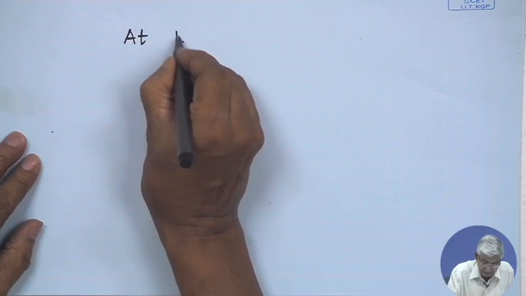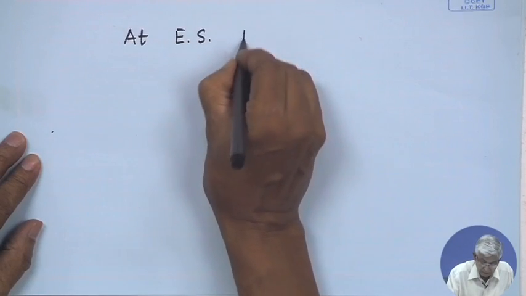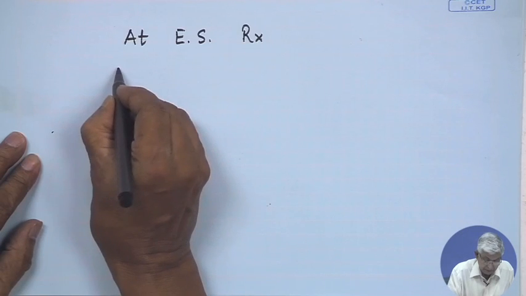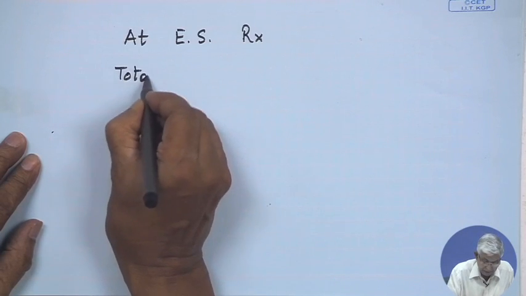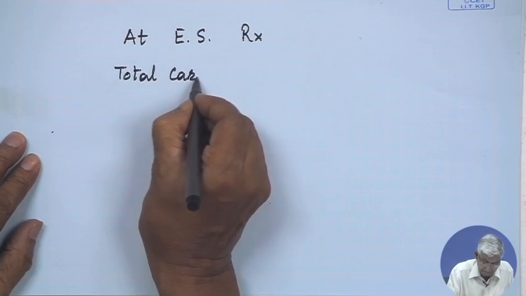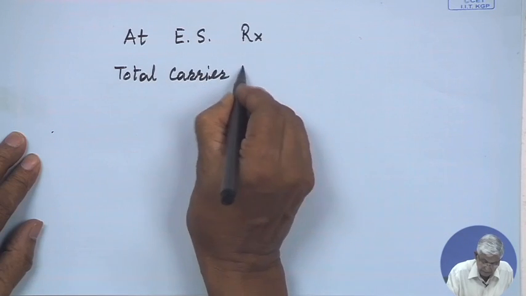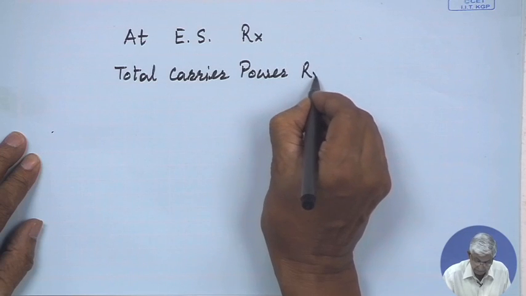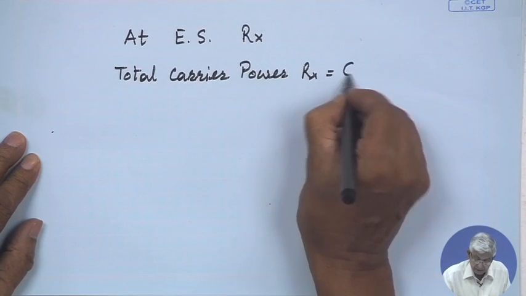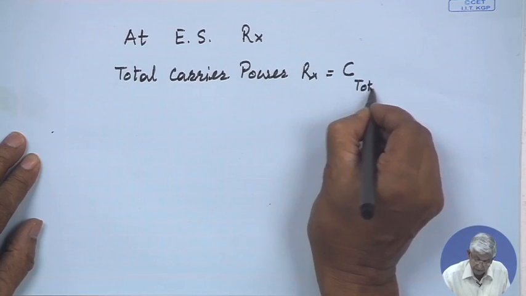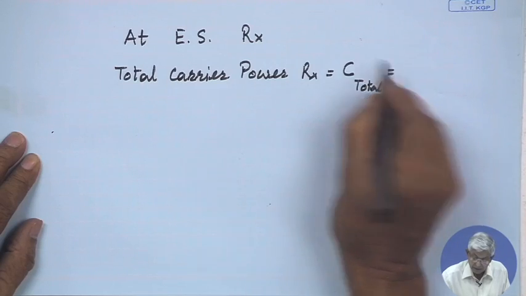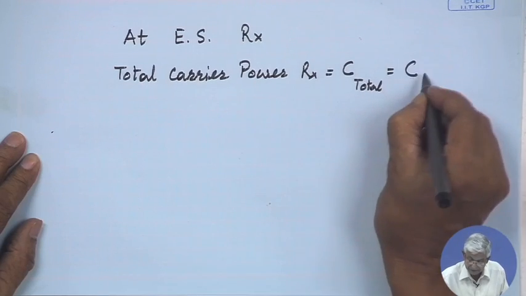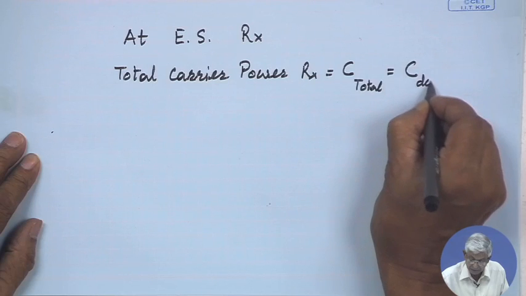So, quality of service we see at the receiver. So, at the earth station receiver, the total carrier power received is called C total. What is received actually is the downlink carrier, so it is the same as C down.